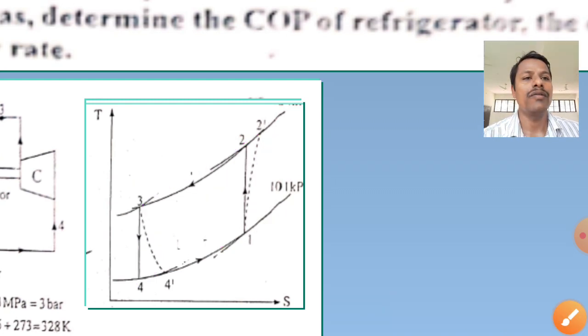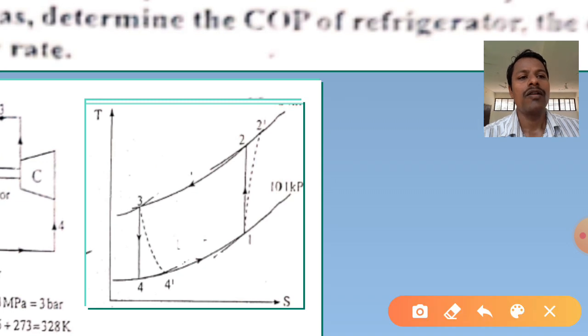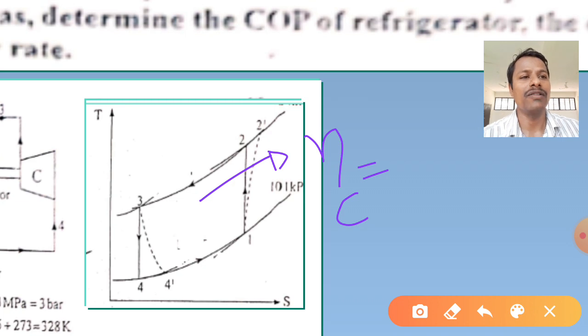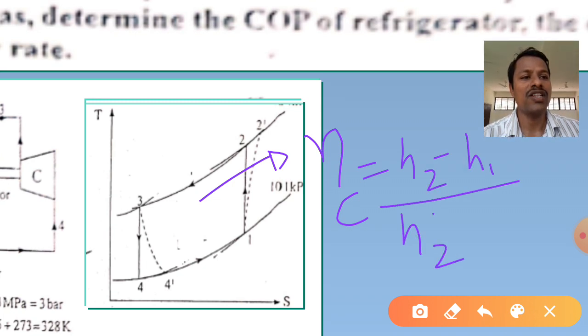Now we can define the compressor efficiency during the 1 to 2 process. Compressor efficiency can be defined as the smaller value divided by the larger value, that is H2 minus H1, the smaller value, divided by H2 dash minus H1.